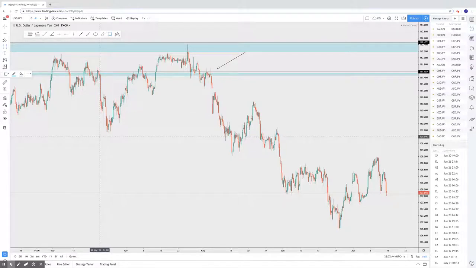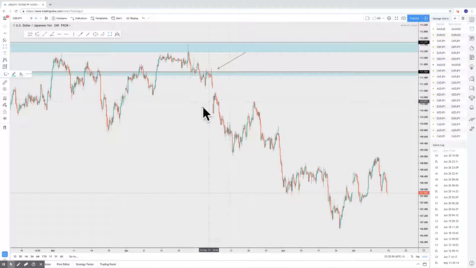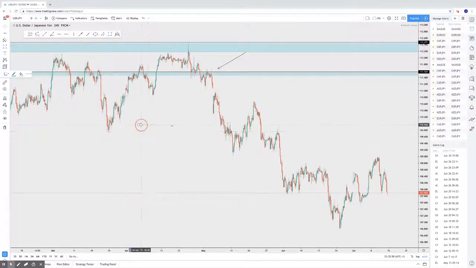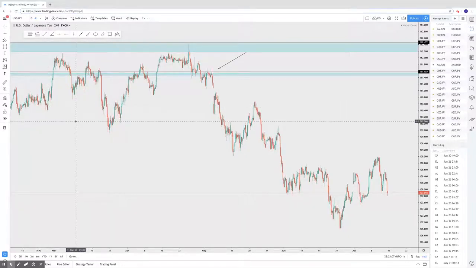I'm not going to take up too much of your time. Let's try to find a nice candle around here because I can see a zone here. No. Whoops. My bad, guys. Let's see.